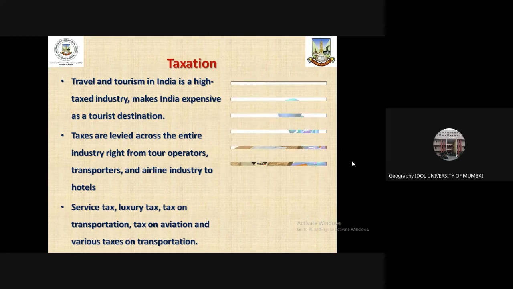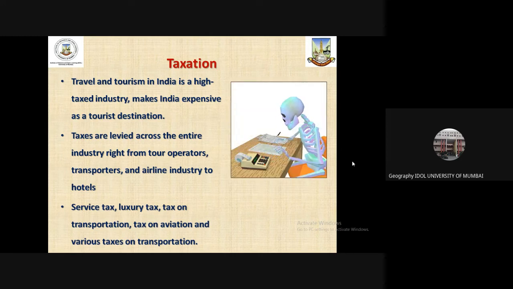Unlike other countries, India is a high taxed industry. A huge amount of taxes are levied on tourists, and that makes it a very expensive tourism for foreign tourists particularly.